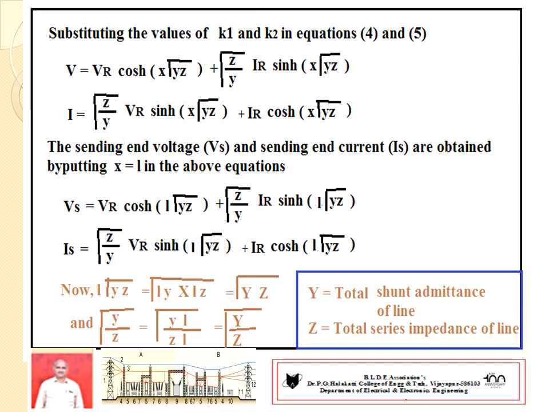L into y is capital Y, L into z is capital Z. Capital Y is the total shunt admittance of the line per phase. Capital Z is the total series impedance of the line per phase. Similarly, square root of y by z may be written as square root of y times L divided by z times L, so it may be replaced by capital Y by capital Z. This is the final touch to our expression.